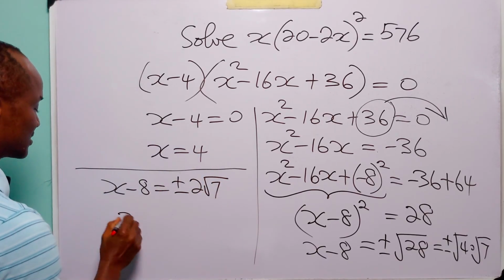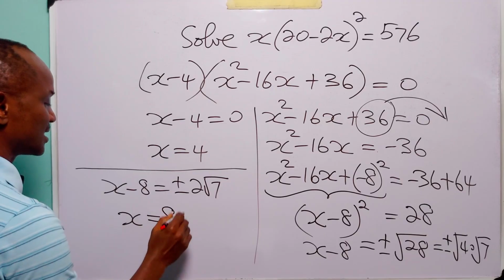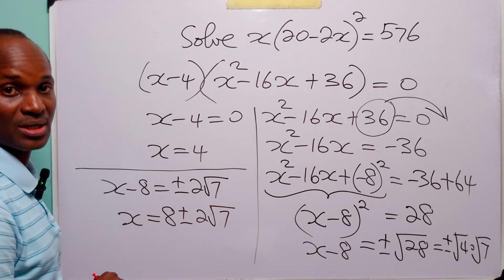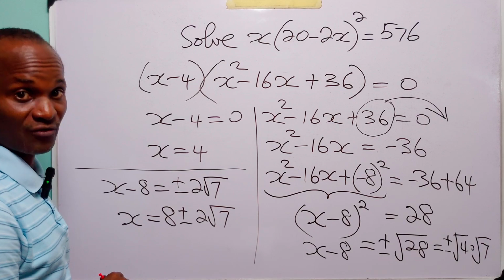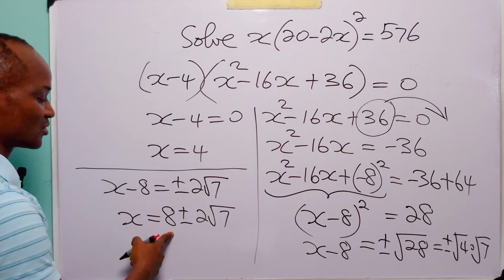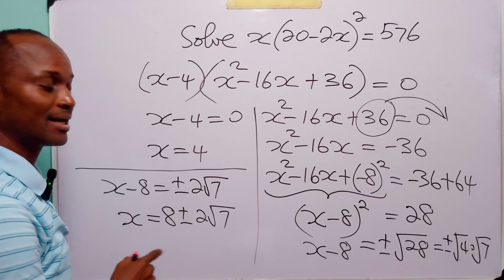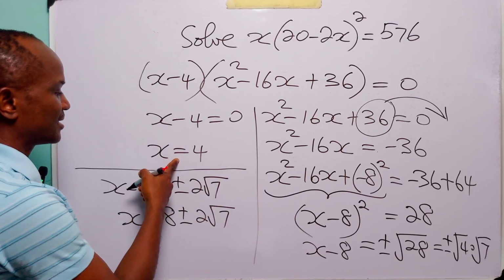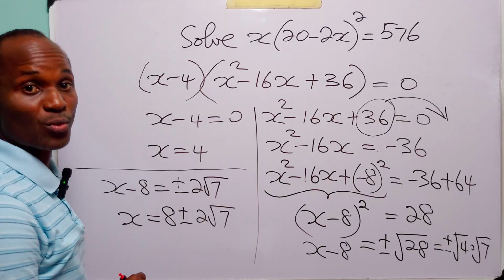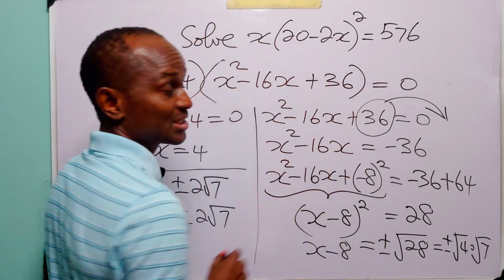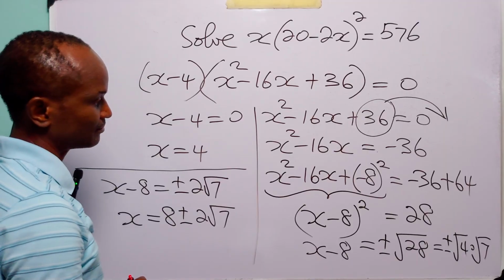And from here, we have that x is equal to 8 plus or minus 2 root 7. So we have two more values of x that satisfy this equation. X equal to 8 plus 2 root 7 and x equal to 8 minus 2 root 7. Added to x equal to 4, we have all the three values of x that satisfy the original equation.